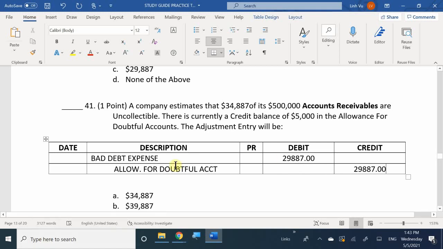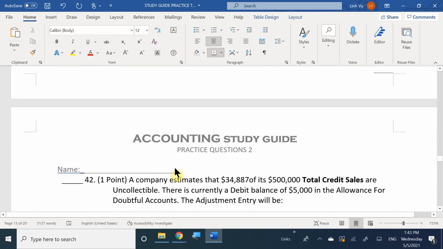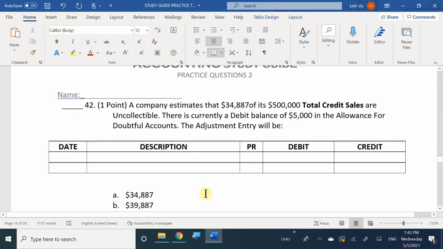Okay, is everyone good so far? Okay, and of course, last but not least, same thing, except this time we have $34,887 of a $500,000 total credit sales. There's currently a debit balance of $5,000 in the allowance for doubtful accounts. So what is the adjustment entry going to be?